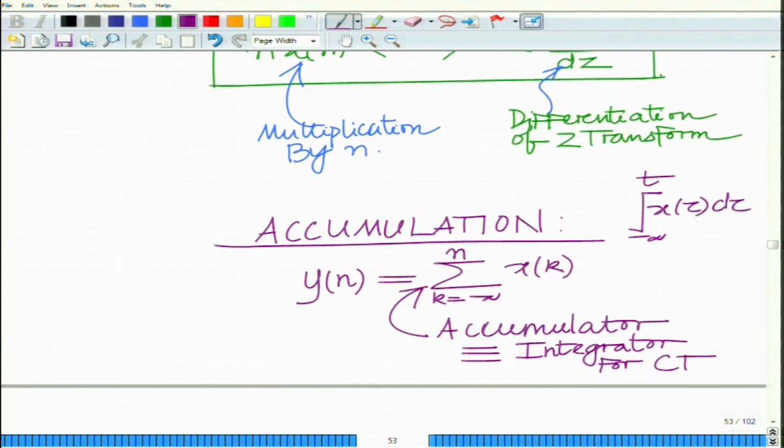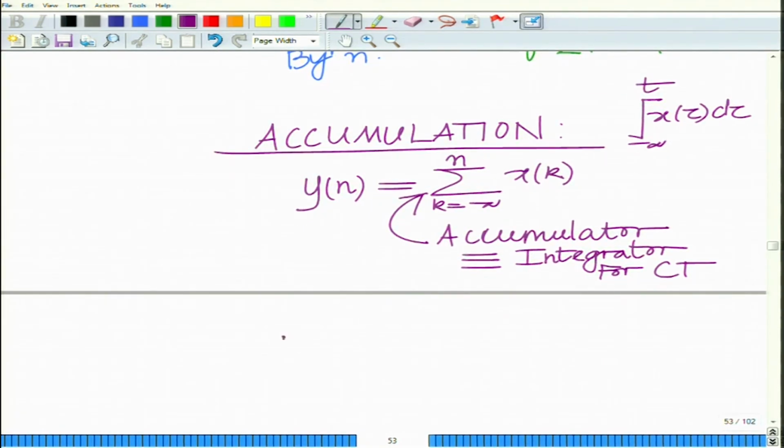Okay. And now the Z transform of this can be obtained as follows.